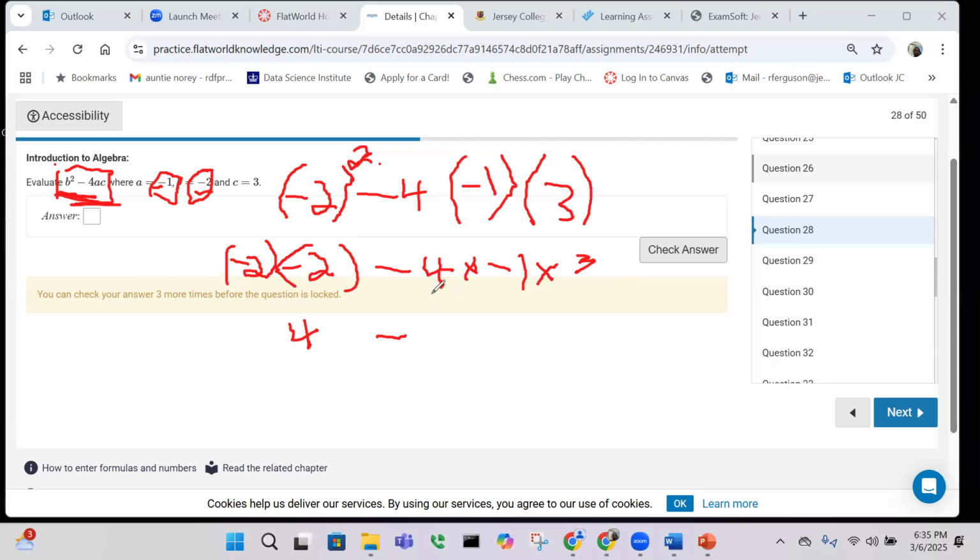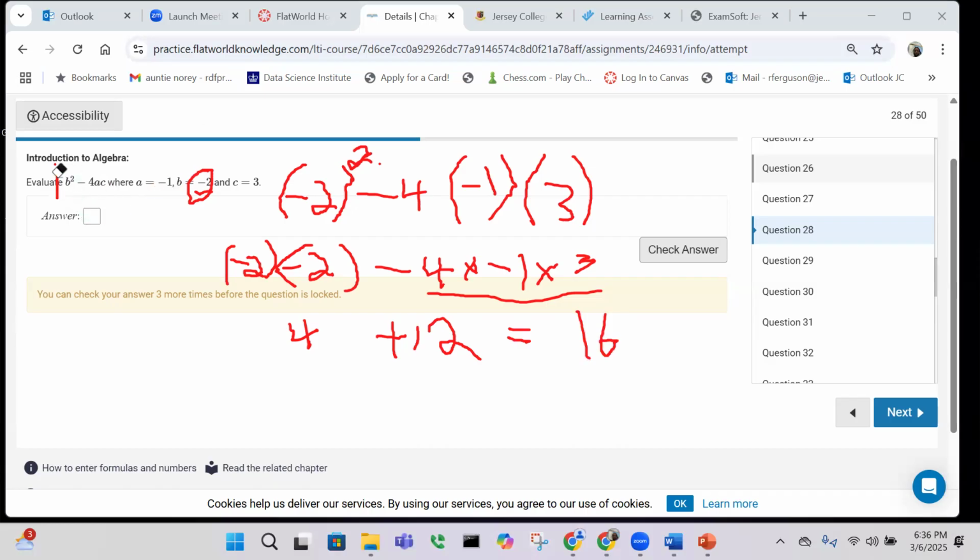Over here, I got to multiply all of these first. -4 times -1 is a +4. +4 times 3 is a +12. So I'm going to rewrite +12. And the answer looks like it's 4 plus 12 is 16.